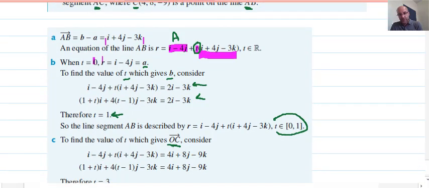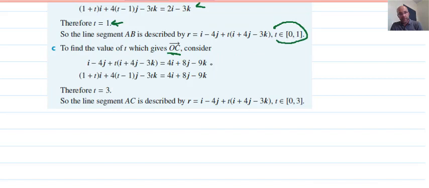So we go to work on that. Now it must be the case that the vector we found before must satisfy 4i plus 8j minus 9k. So using the vector in this format here, it's pretty easy to solve, and we can get t equals 3, and so that would be our interval 0 to 3 inclusive.